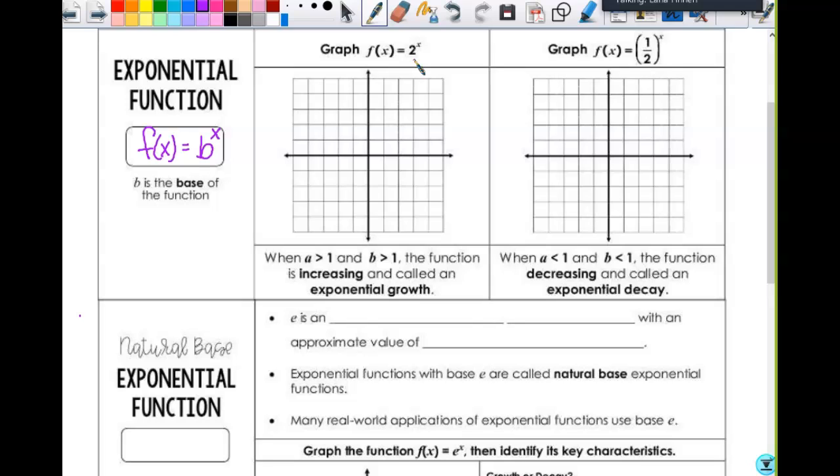So let's try and graph this based on what we already know. So we're going to substitute in a couple of points. If x is 0, so if I take 2 to the 0 power, what do I get? 1. Anything to the 0 power is 1. So then if x is 1, that would be 2 to the first power, which is 2.